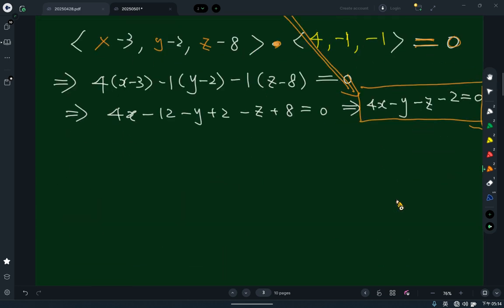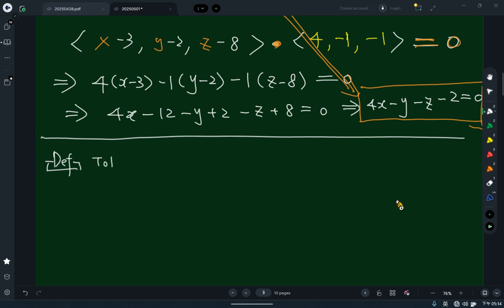Okay, so the next concept I want to introduce to you is the total differential of f of x, y.